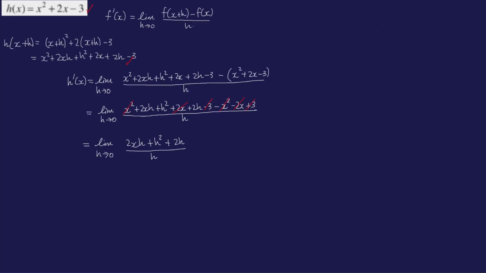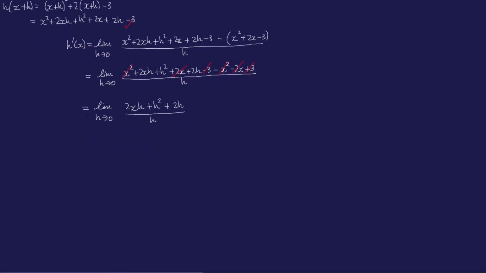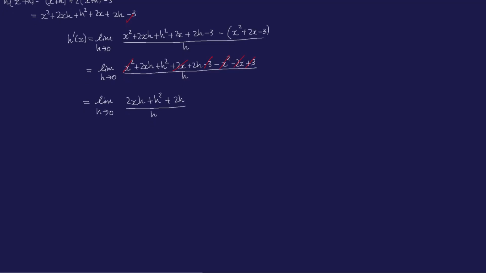Now I can take out h as a common factor. So the limit as h approaches 0 of h into 2x plus h plus 2 divided by h. I can now cancel, and so I'm left with the limit as h approaches 0 of 2x plus h plus 2.